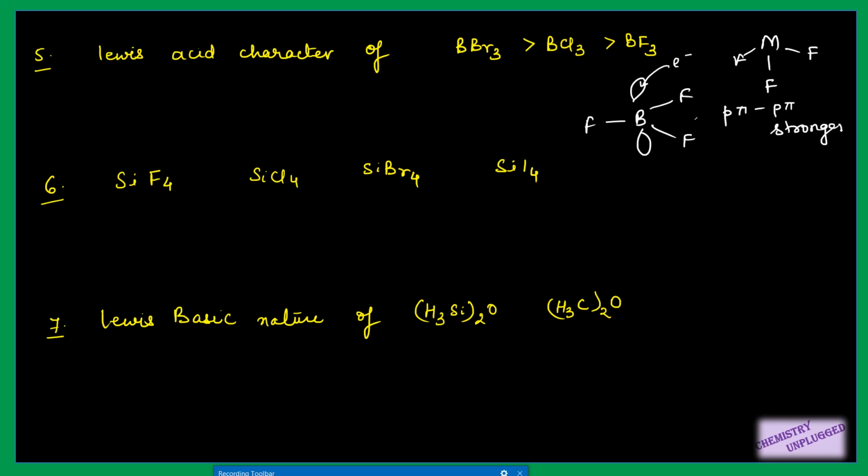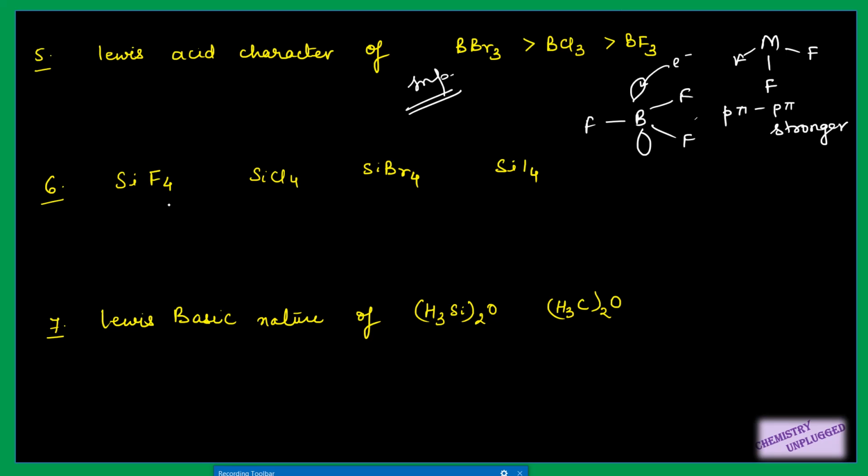To donate electrons into the p orbital of boron, this back bonding will have to be broken. It is very difficult to break that bonding in the case of BF3. That is why its acidic strength is weaker compared to the others. So remember this case, it is important.